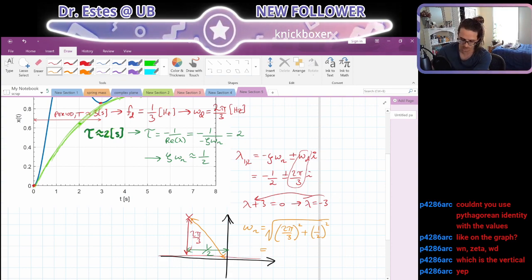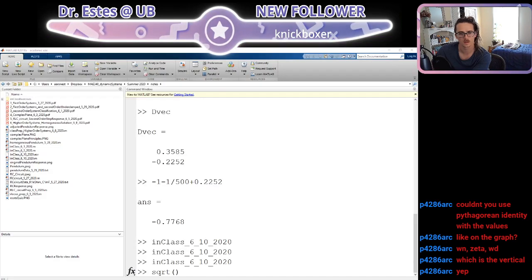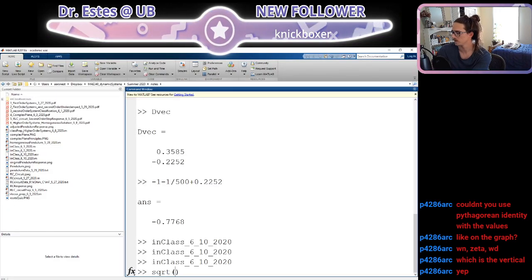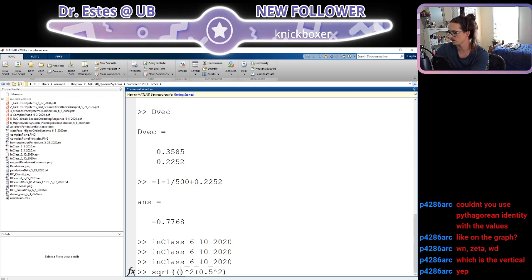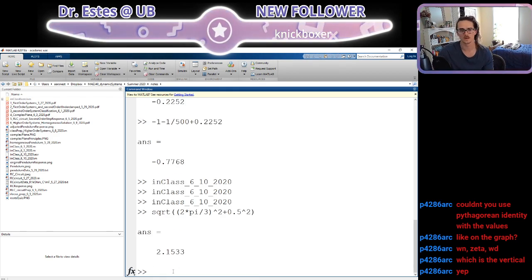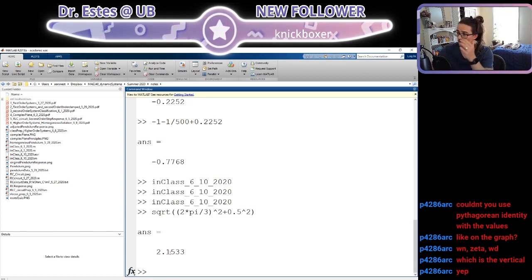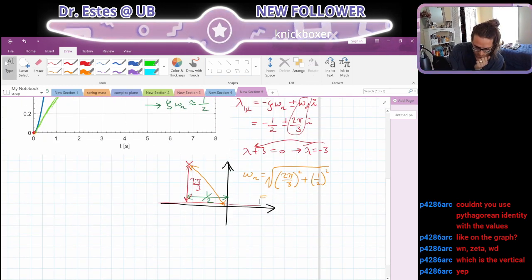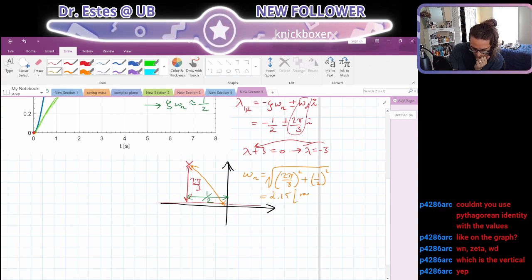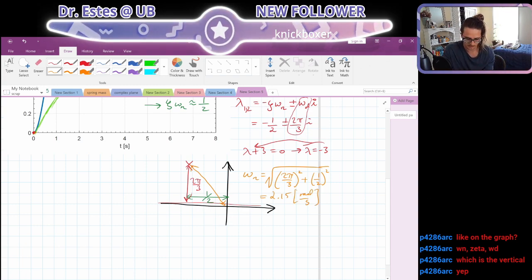I'm going over to MATLAB real quick. So I'm going to take this squared plus 0.5 squared. This is 2 times pi divided by 3. So 2.15 for my natural frequency. 2.15 radians per second.